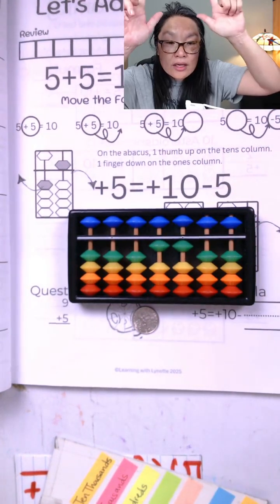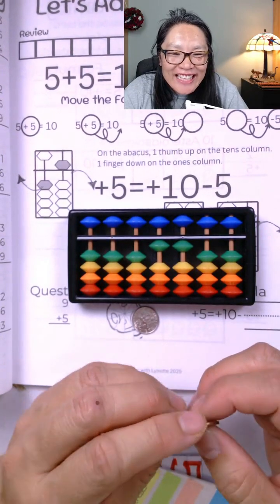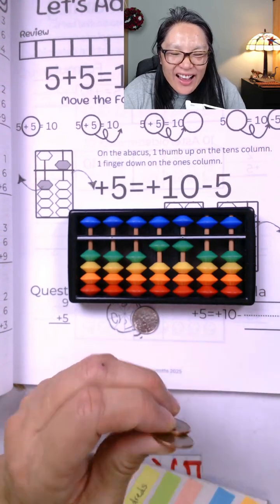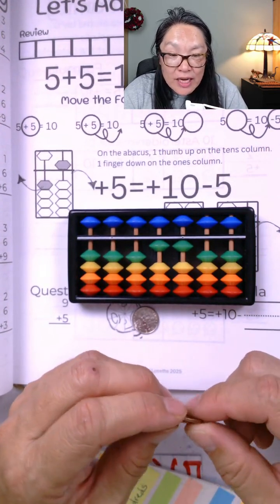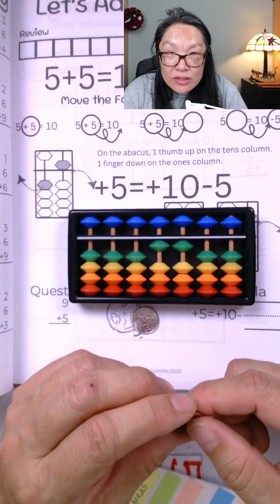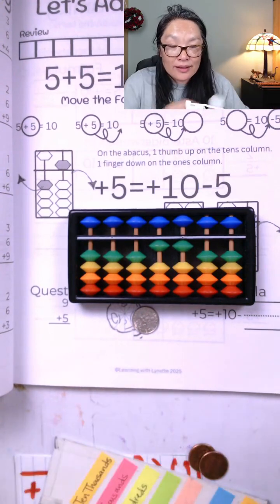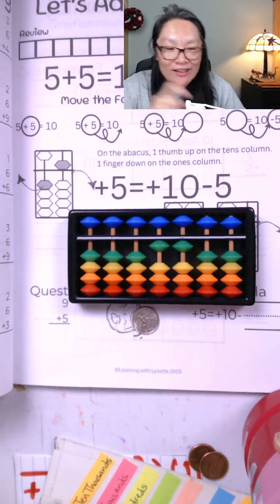Okay, Jeffers. Thank you so much for the reminder. She's a math wizard with this abacus. I'm not a wizard. I just know, right? I've been teaching this for 20 years. I know how to count from 0 to 9 very well.